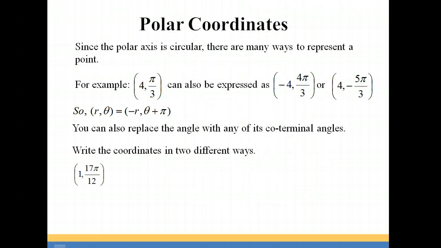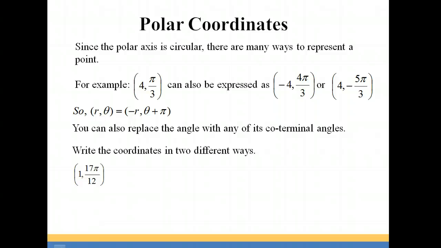Alright, so what you saw is that the polar axis is circular and there are many ways to represent any single point on the polar grid. So for instance, if we had that 4 and pi/3, we could also write it as -4 and 4 pi/3. Now remember, the difference between pi/3 and 4 pi/3 is pi units.